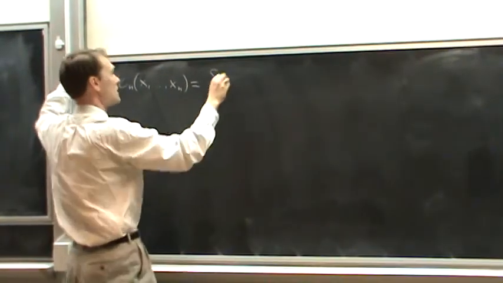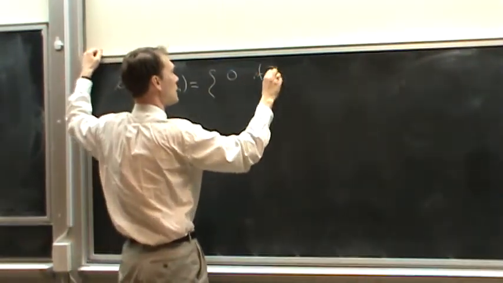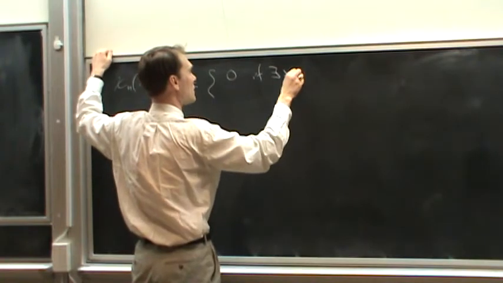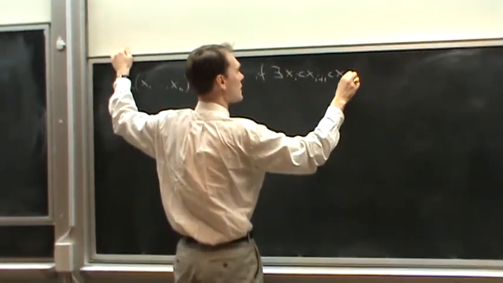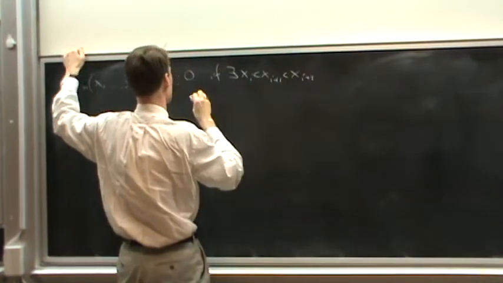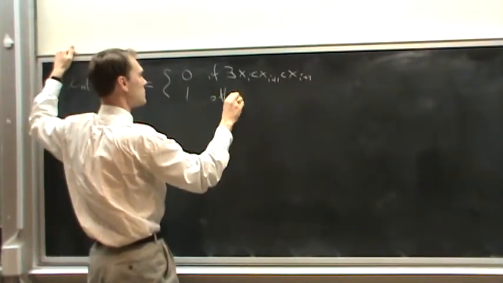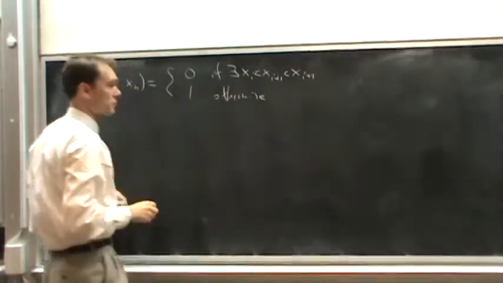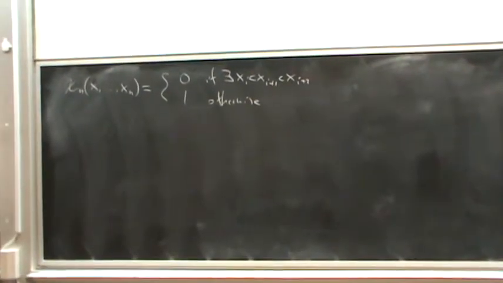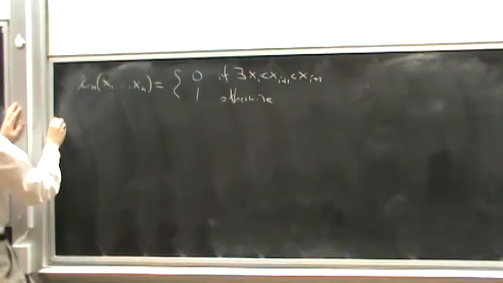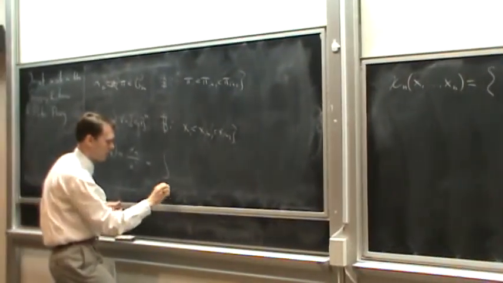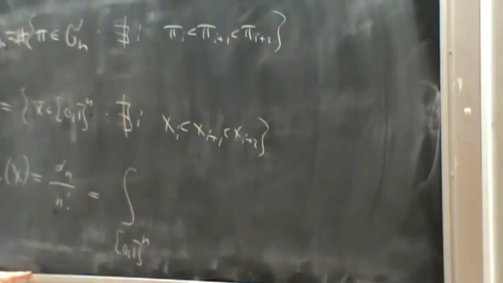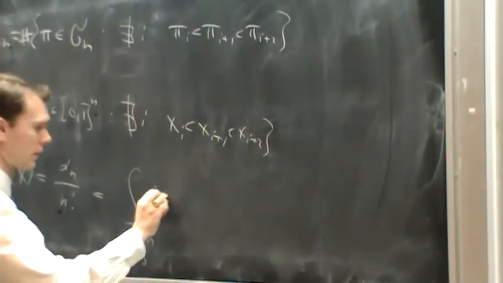The function is 0 if there is a double ascent and 1 otherwise. Well, it's clear that then this expression is just the integral over the n-dimensional unit cube of the 0,1 function.